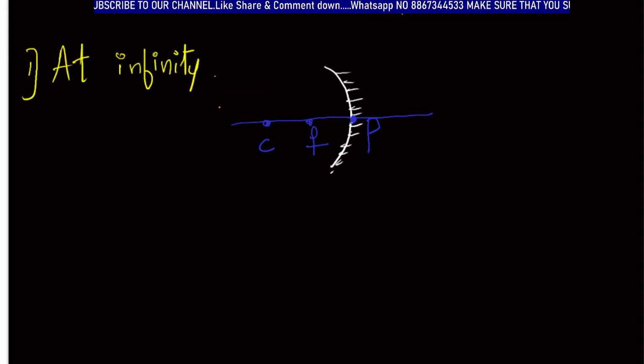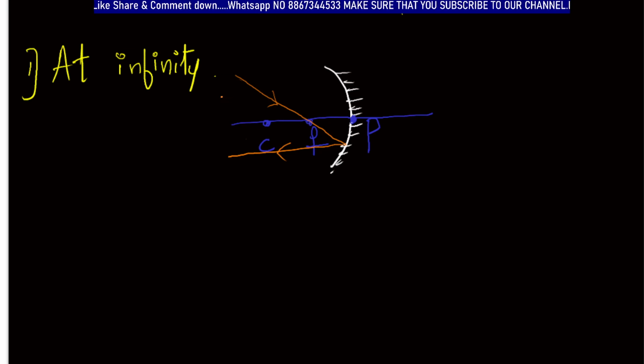So first we have studied the 4 types of rays. We'll consider here a ray passing from the focus. Whenever a ray passes through the focus, it reflects parallel to the principal axis. The second is a ray passing through the center of curvature.